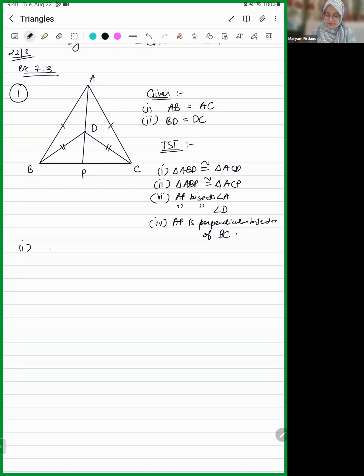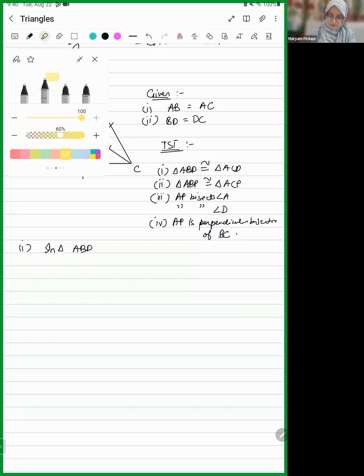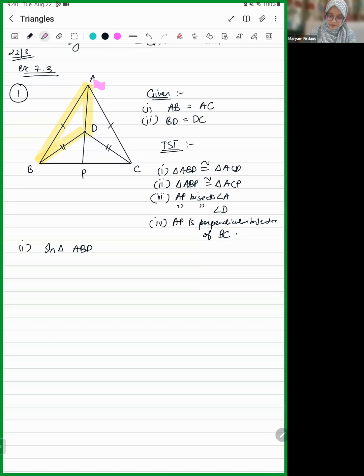So we have in triangle ABD, which is this one, and triangle ACD, sorry, ACD. In these two triangles, triangle ABD and triangle ACD.